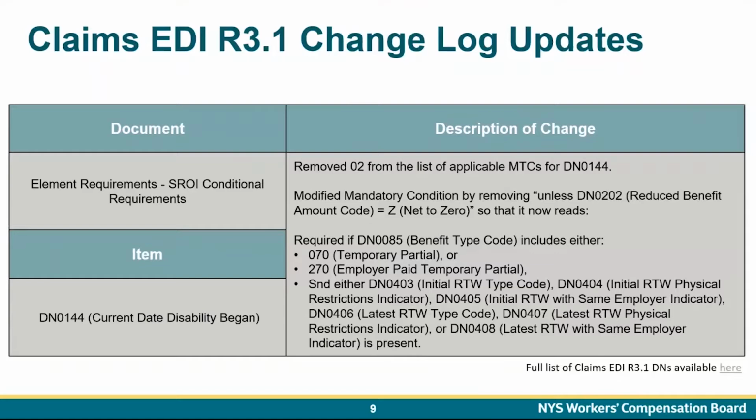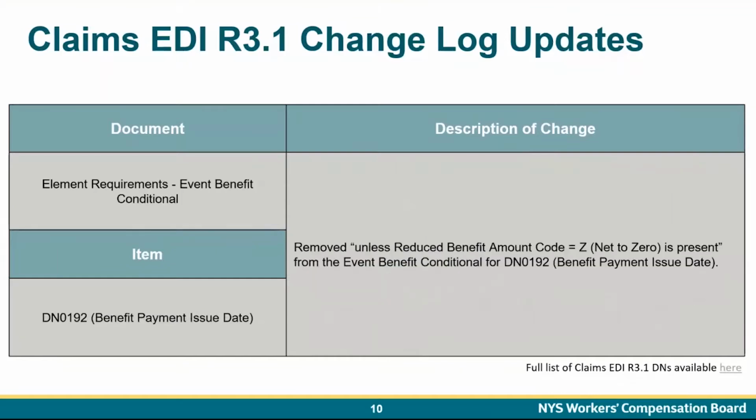In this specific one, we just removed the Z, net to zero reduced benefit amount code from the element requirement table for the SROI conditional requirement for DN 144, Current Date Disability Began. That is the only change. In this one, DN 192, Benefit Payment Issue Date, again, the only change was that we removed the Z, net to zero reduced benefit amount code.